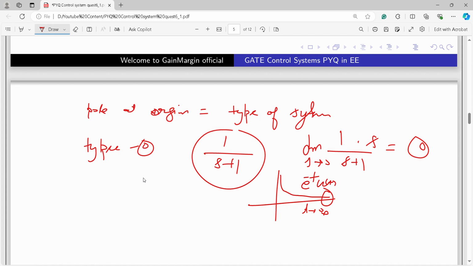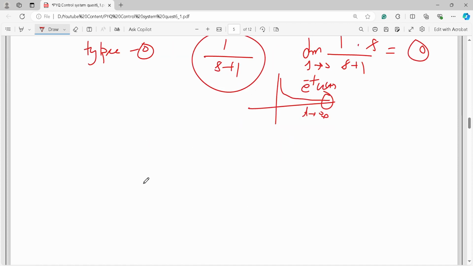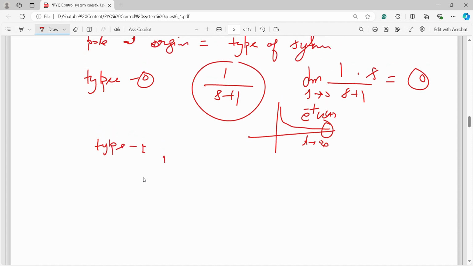And then if you go for type 1, then one pole should be at the origin.